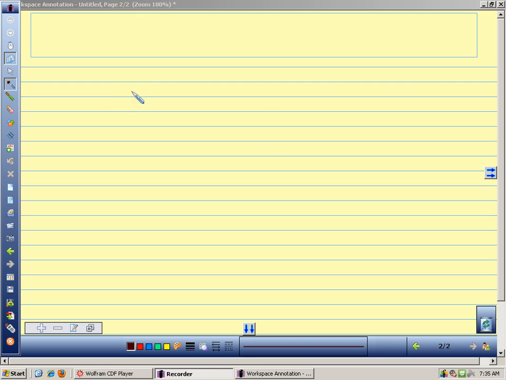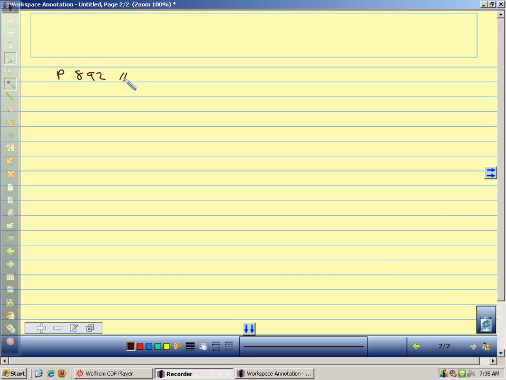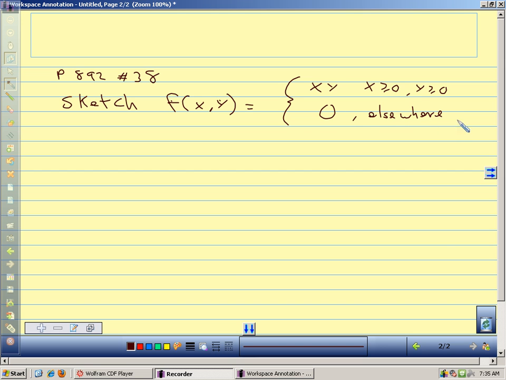So if we want to, and this is page 892, number 38, we want to sketch f of x, y equals x times y for x greater than or equal to 0, y greater than or equal to 0, and 0 elsewhere.